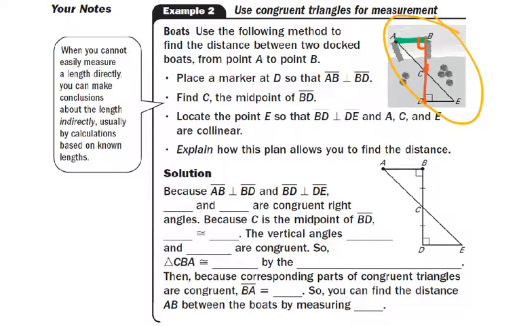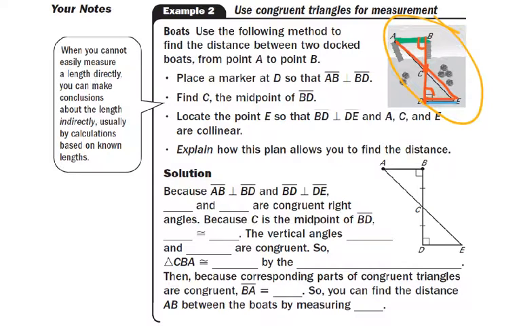And then locate point E, so go out here perpendicular until A, C, and E all line up. After you've done that, you've just made two congruent triangles, and all you have to do to figure out how far apart A and B are would be to measure DE. They will be congruent.